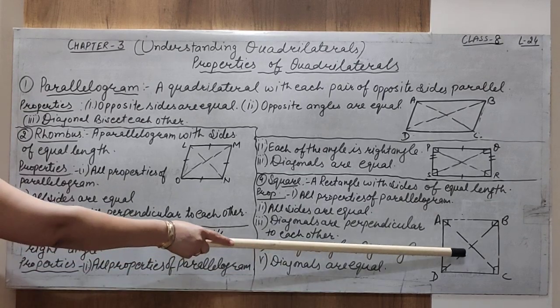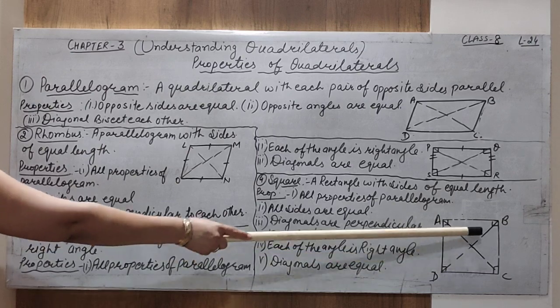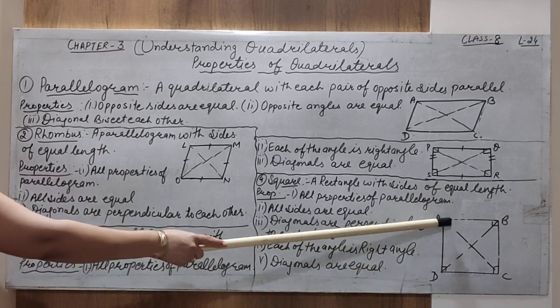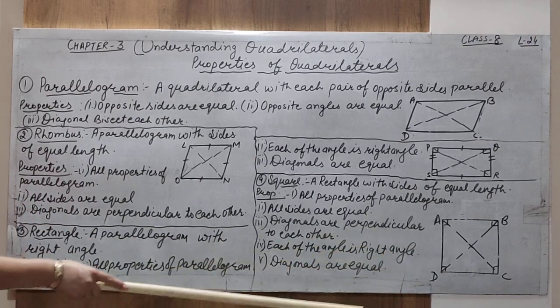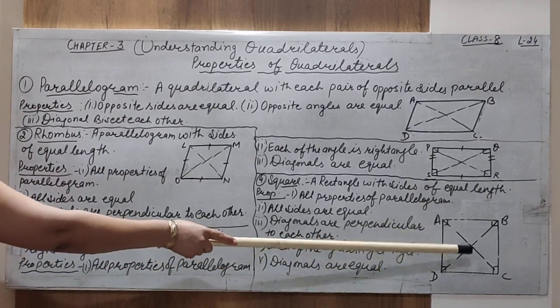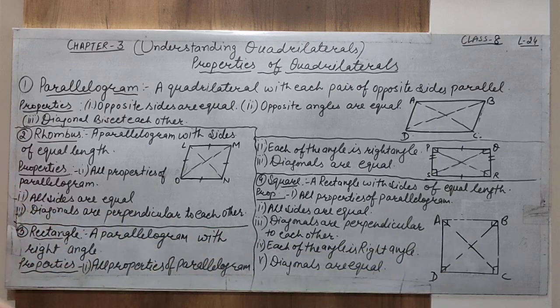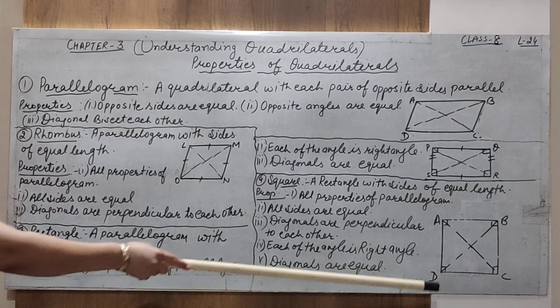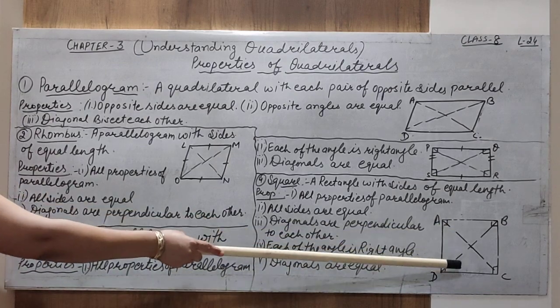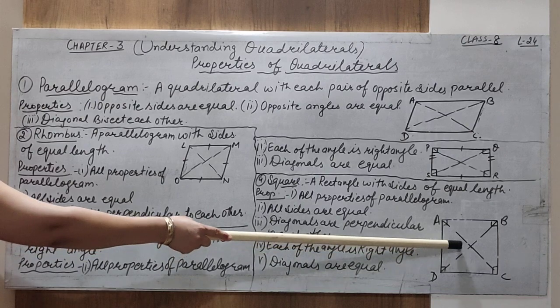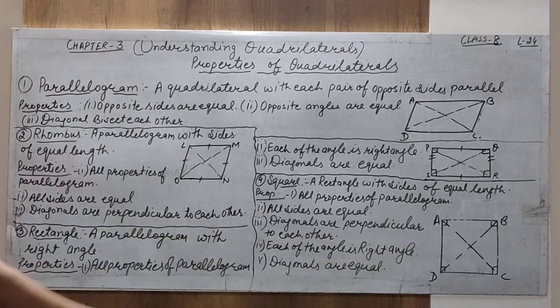That is, when the diagonals cut each other, first of all they are of equal length, that is, AC is equal to BD. Secondly, they cut each other into equal halves. Next, they are perpendicular. That is, the angle made at the center when they intersect each other is 90 degrees.